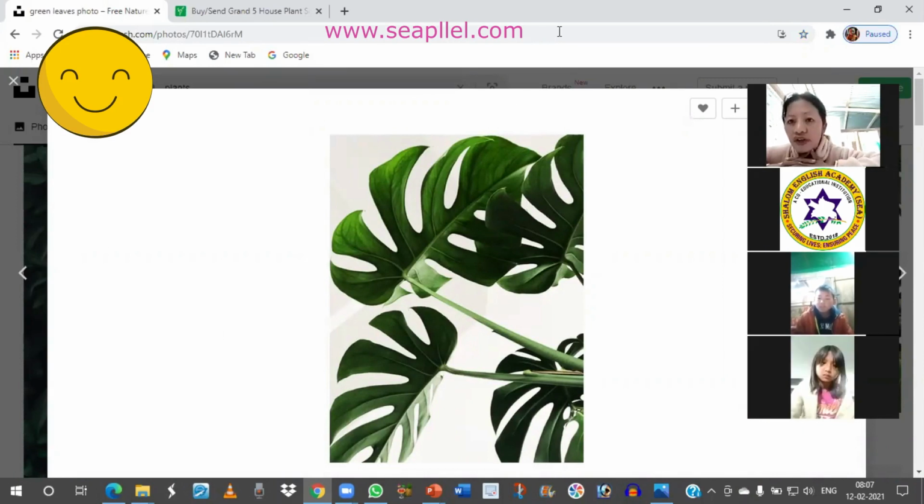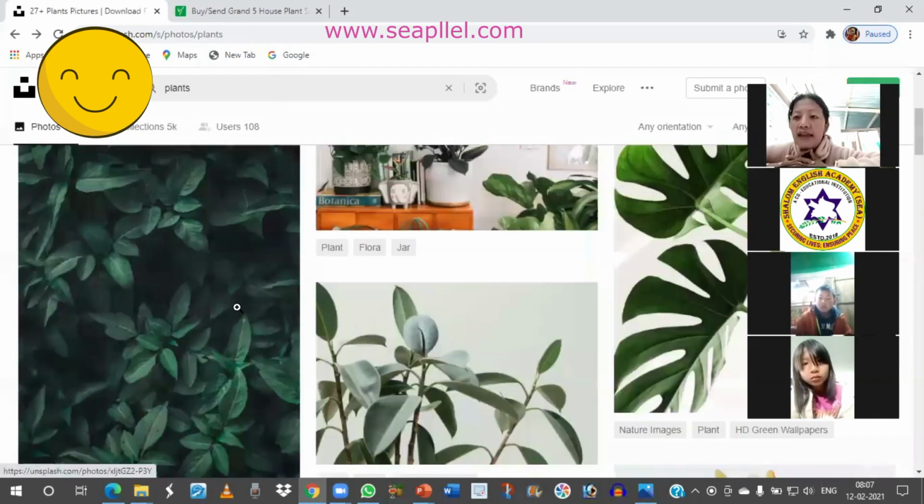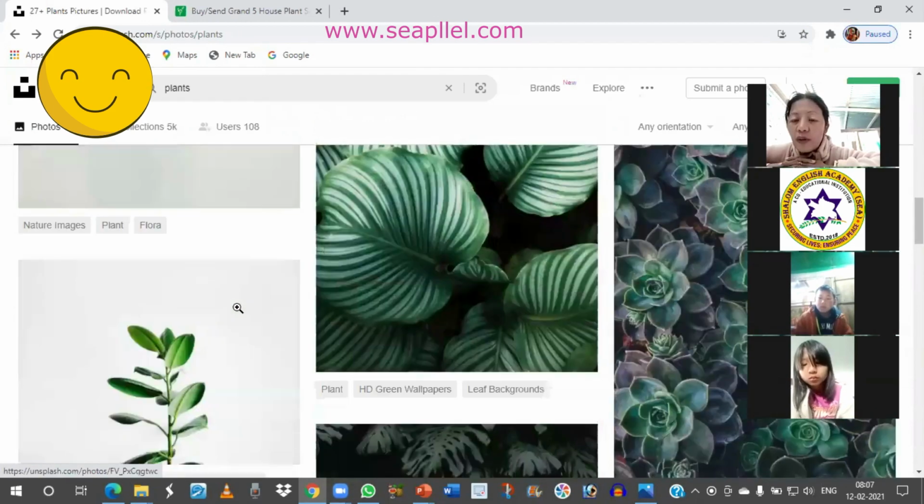Because of chlorophyll. This green pigment, chlorophyll, enables the plant to trap the sunlight.